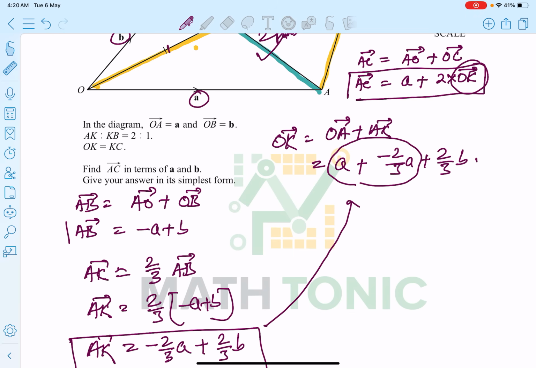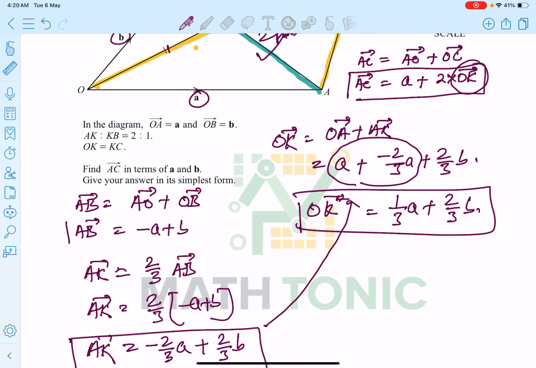When I simplify this, I get a minus 2 over 3a, so it will be 1 over 3a plus 2 over 3b. So I got this for the OK vector.